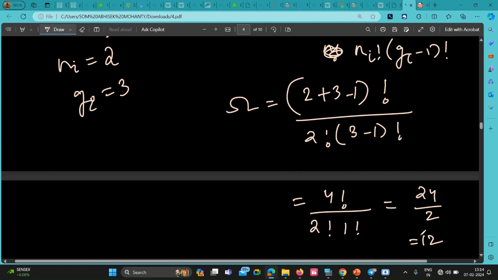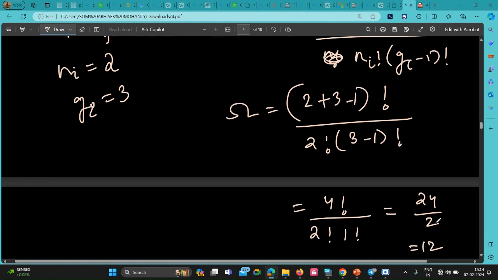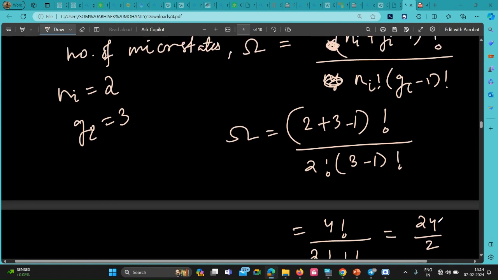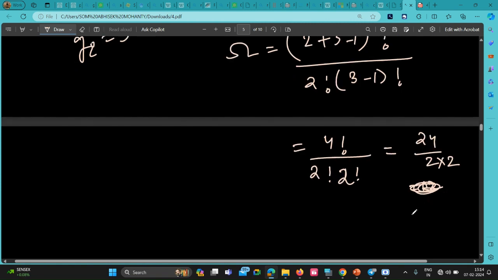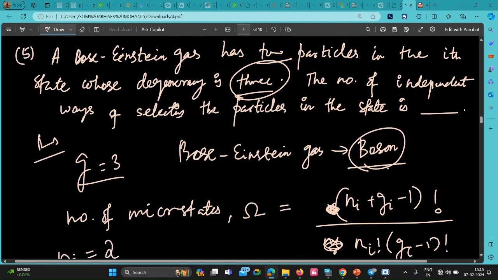I made a mistake. 3 minus 1 is 2, sorry. So this is 6. The number of microstates here is 6. Only the number of independent ways of selecting the particles in the state is asked, so the answer will be 6.